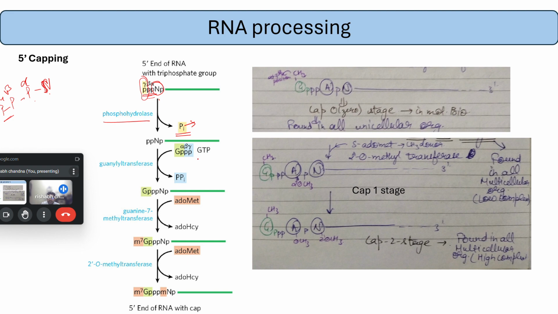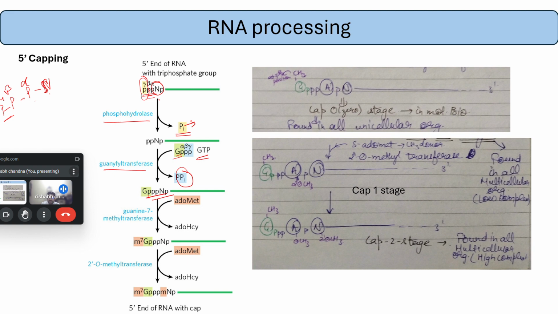Then another GTP molecule comes that will donate its guanine residue, and the pyrophosphate is released, and this guanine monophosphate is attached to the 5 prime end of the RNA with the help of the enzyme guanylyl transferase.